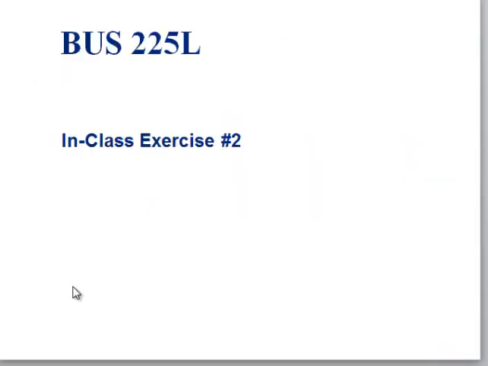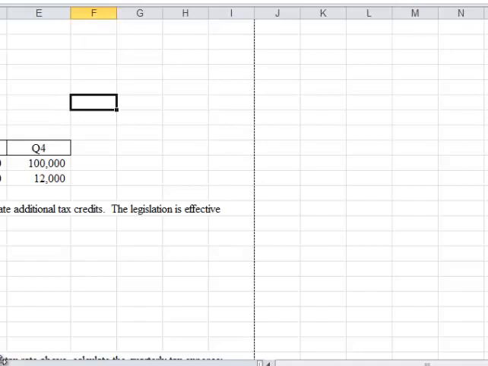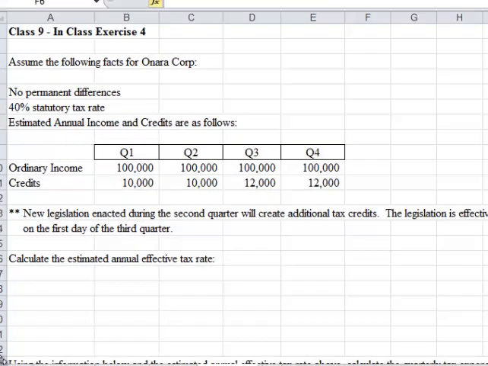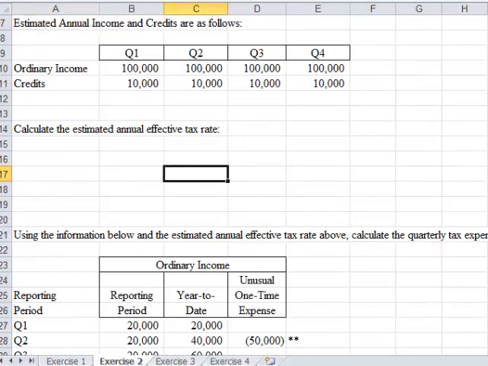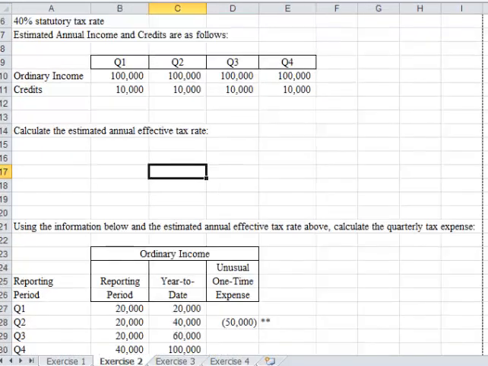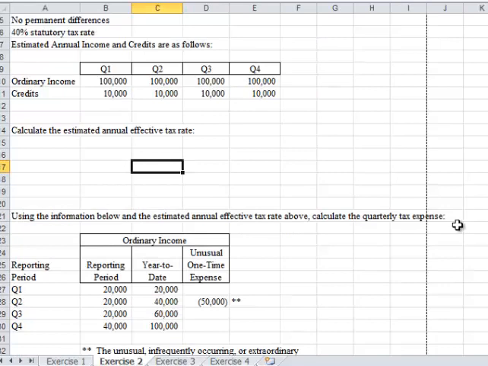Exercise 2. Okay, so for exercise 2, let's just look at that one together a little bit. What you can see for exercise 2, I'm going to pause the video in a few minutes and you can work on it.